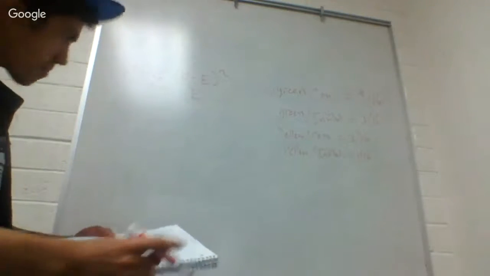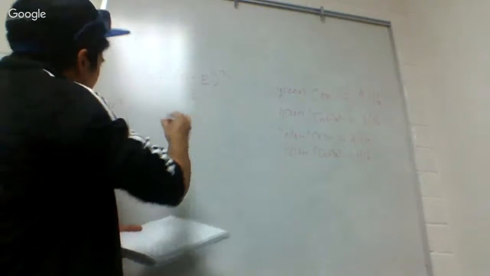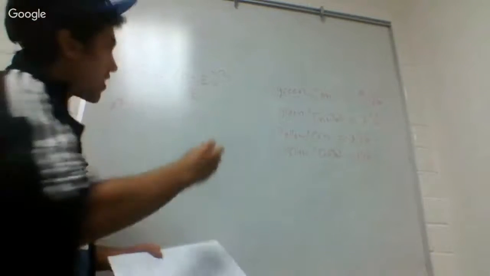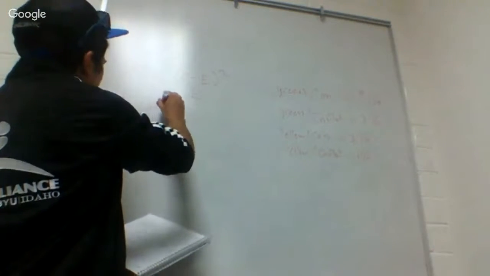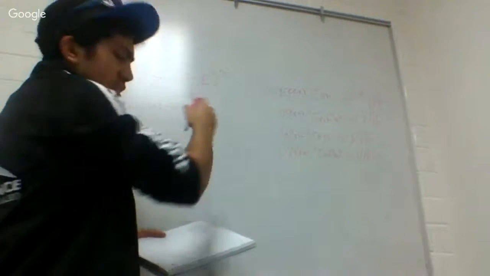So basically, we have x squared equals our observed, which is in the handout, 562, minus our expected.